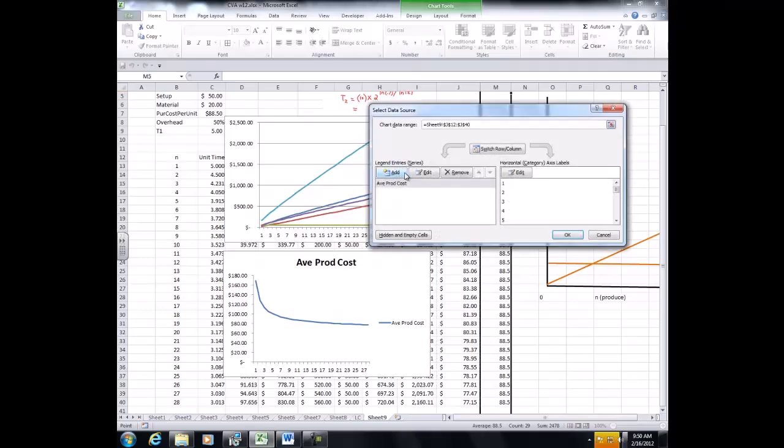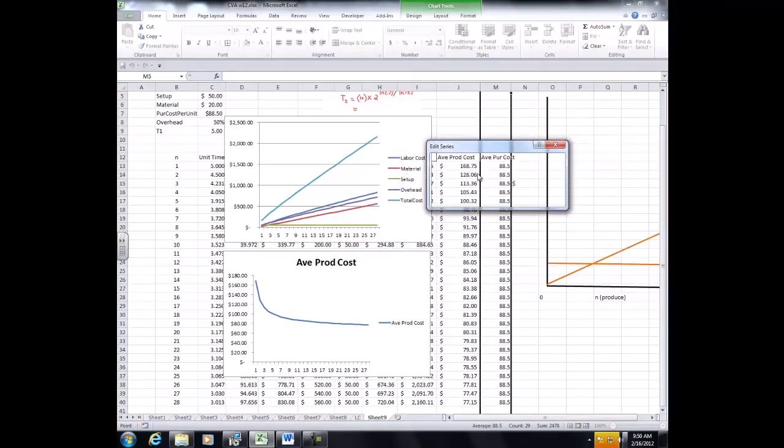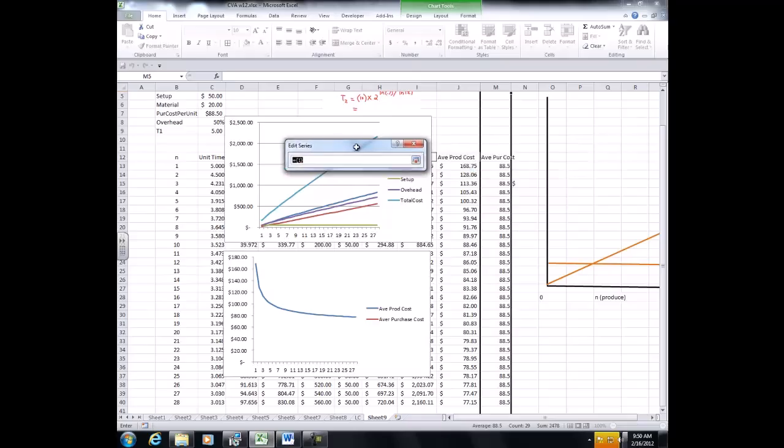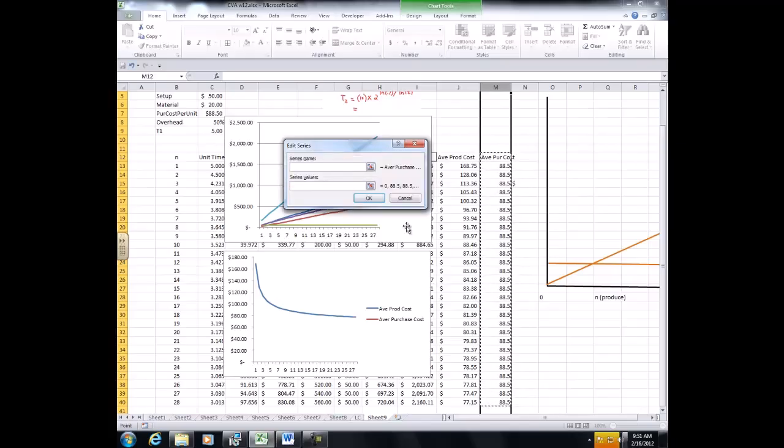I'm going to add this is the average purchase cost. The series value is from here down to there. Because I included the name, I should not include the name.